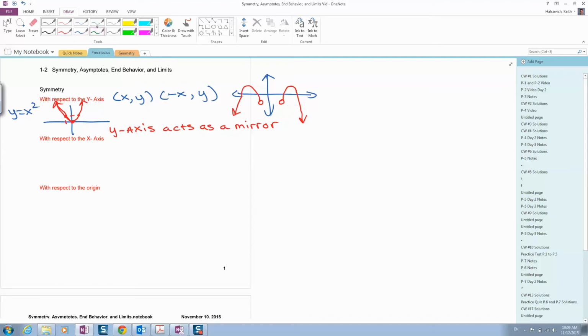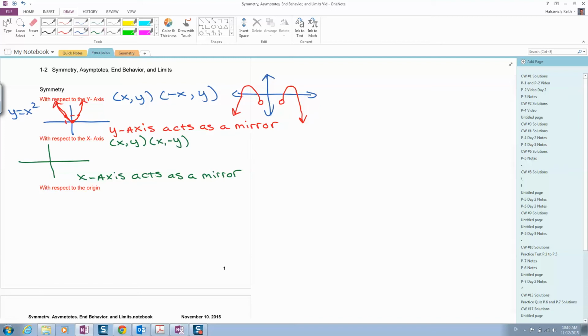Symmetric with respect to the x-axis is when the x-axis acts as a mirror. So notice if you look at the coordinates, you'll have x, y, and then you'll have x, negative y.